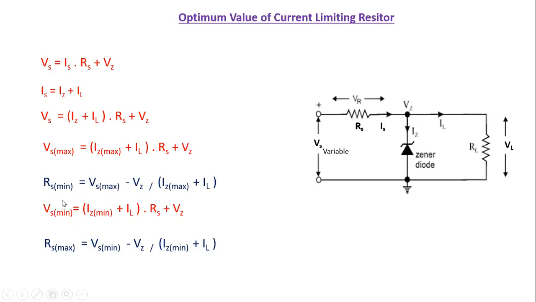If it is chosen within this range, the variation in the voltage supply will be optimally taken care of by the current limiting resistor, so that you will get constant voltage across the zener diode, or you can say the zener diode functions in the breakdown condition in the perfect way without getting damaged. So this is how we can optimally design the value of the current limiting resistor.